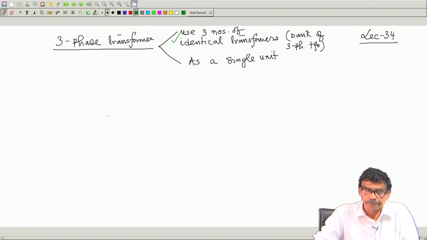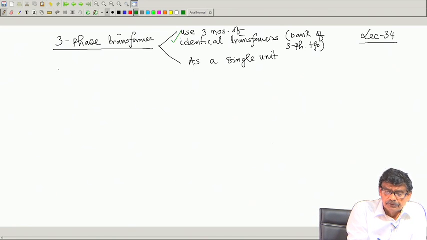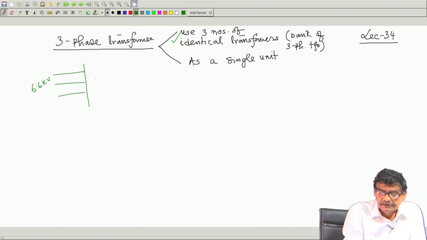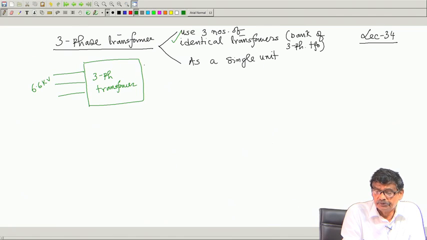That is the idea. Suppose you have a three phase system like this, which is suppose 6.6 kV on one side, then connect a three phase transformer and at the output you will get suppose 440 volt 3 phase.